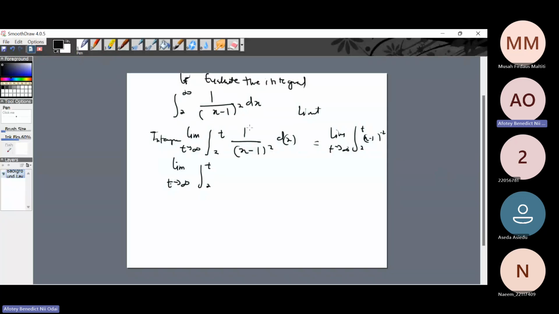Solving this integral, we get -1 on x minus 1. Okay, so this is what we get. Oh, sorry, this part shouldn't be there after you solve your integral. So now we are just solving the limit.